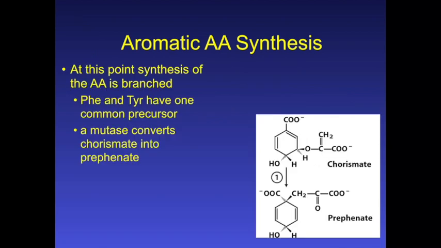At this point in time, we're going to have chorismate. Chorismate is a branch point where we can make phenylalanine and tyrosine from that. But what happens here is also a really complex reaction. What in the world happens here? Check this out.